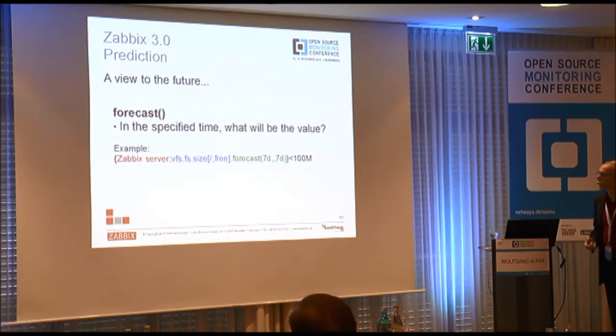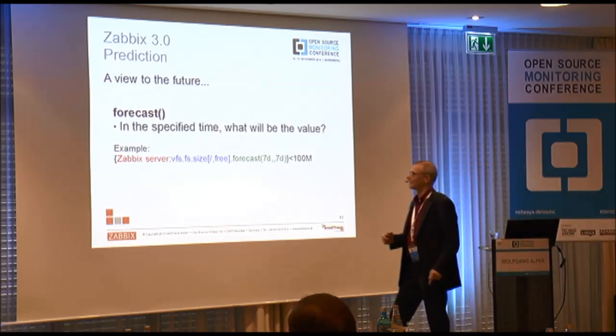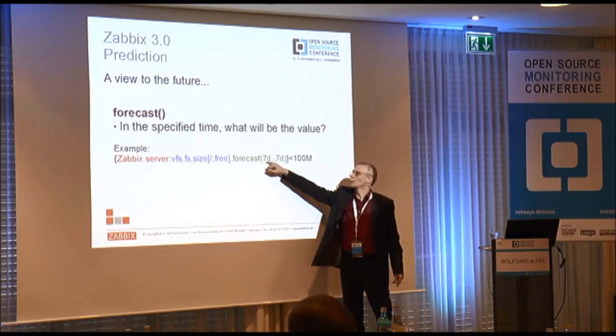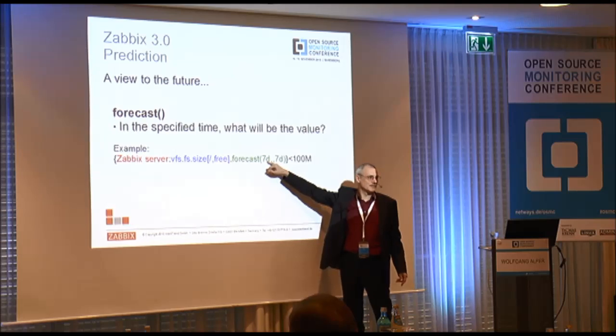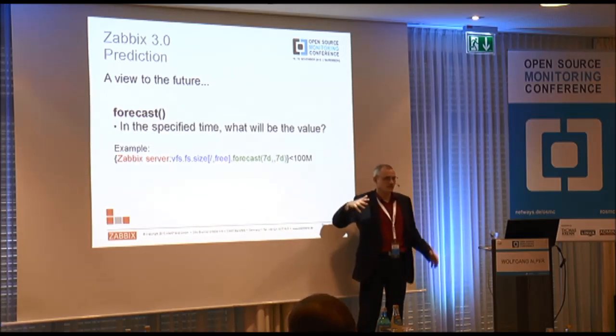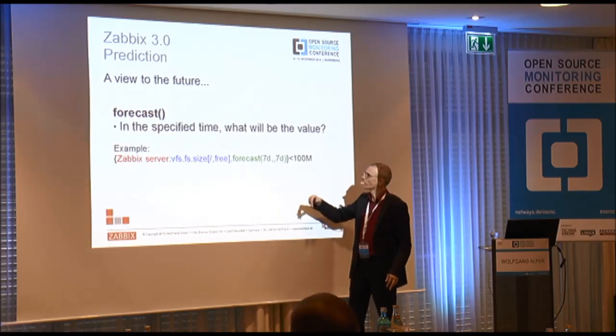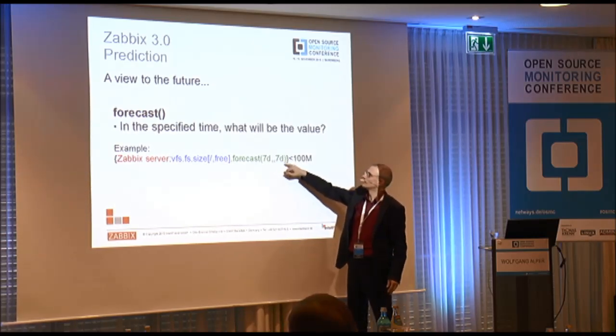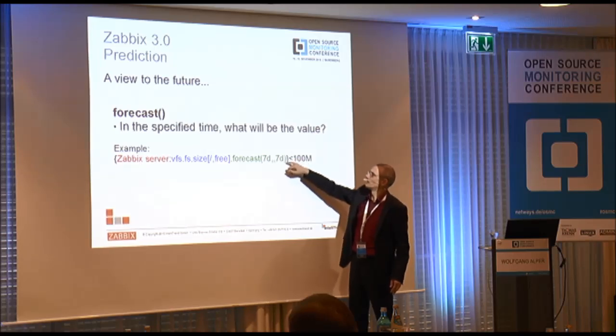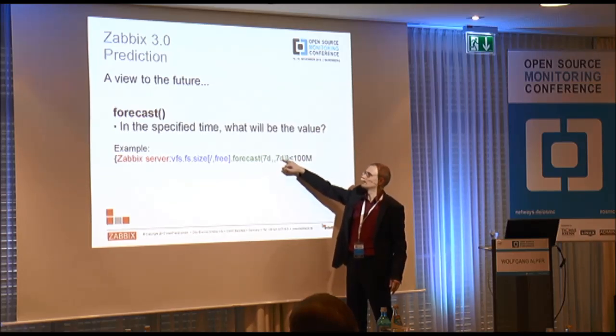Over the course of the last 7 days, that is what's being used as a base for the calculation to do this prediction. Pardon me, not for the next, but in 7 days.